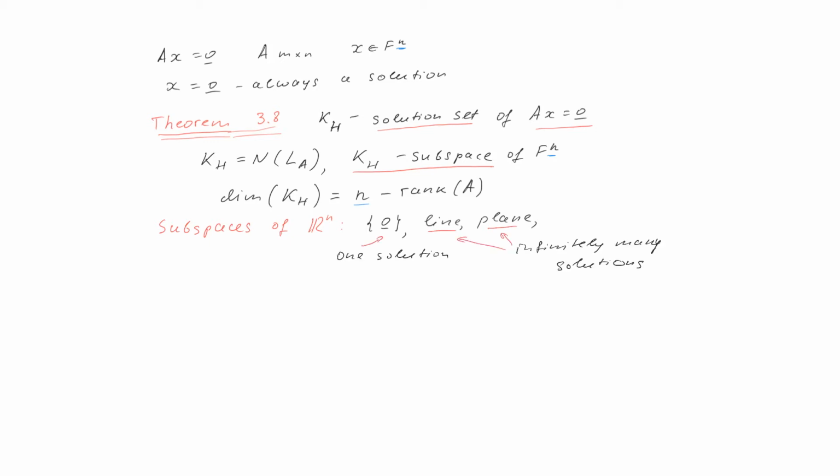And then we see that there can be only one solution or infinitely many solutions of a homogeneous system with unknowns in Rn. We will first prove this theorem and then we will look at an example.